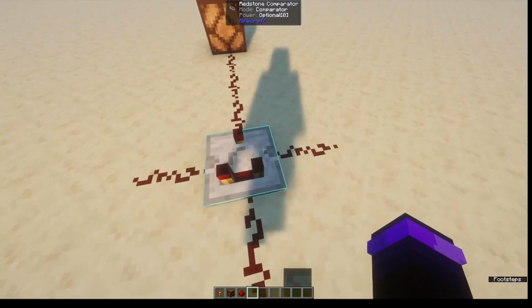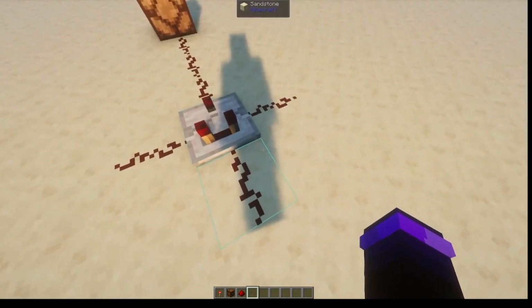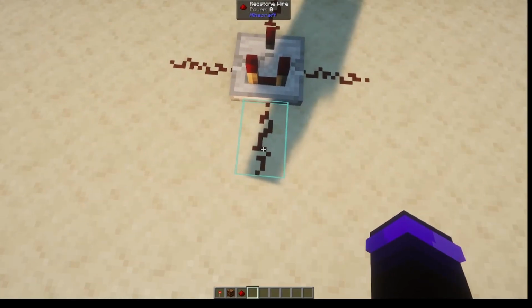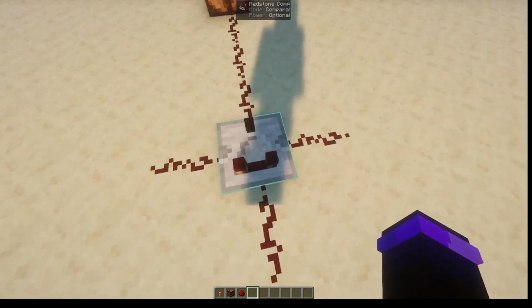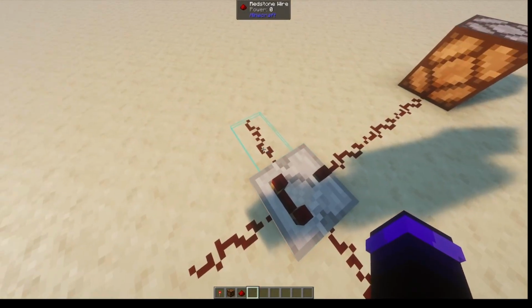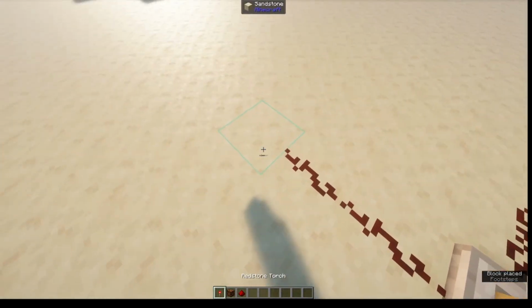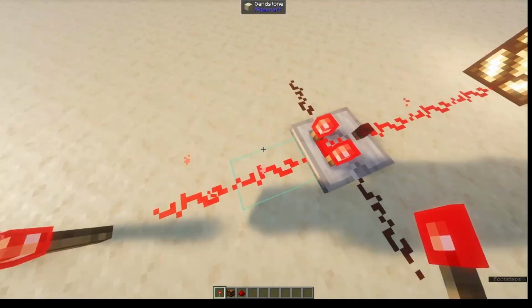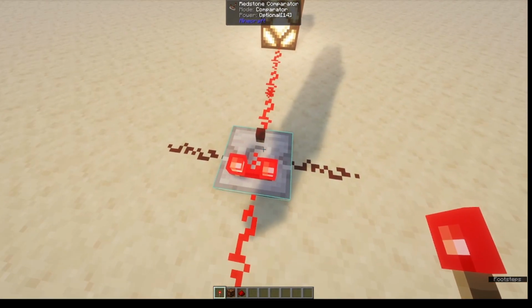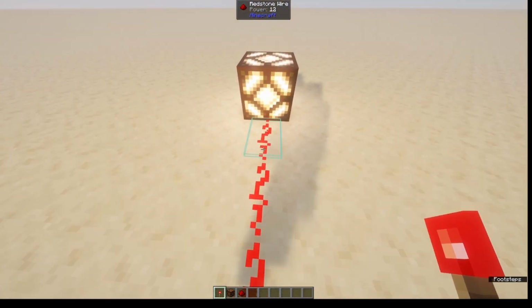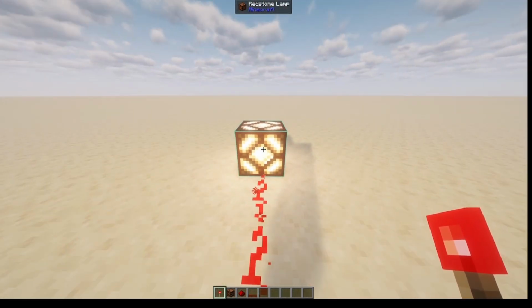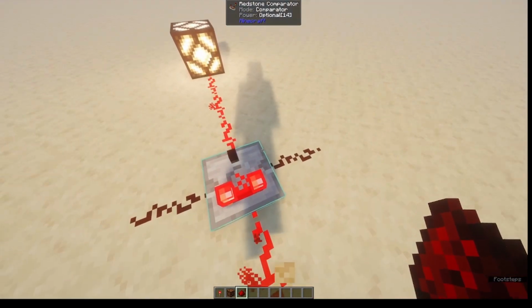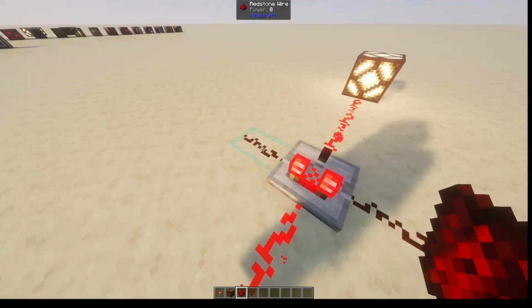Now when we are comparing signals, this is our main input and we're comparing it with either of the side inputs. So if, for example, we have a rear input of 14 going into the comparator, it will output that same power level 14 into the lamp. Now for the comparing factor, we use either side.